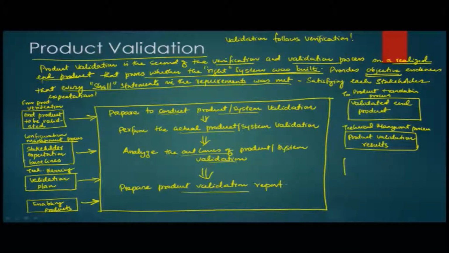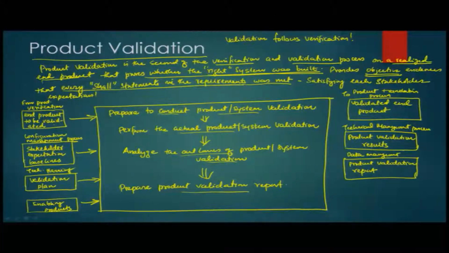Then we also have what we call the product validation report. Okay. And this also goes to the data management process. Okay. And finally, we have the enabling products, or what we call validation work products. To do validation, what are the special products that are necessary? So, these 4 outputs come out of this step.